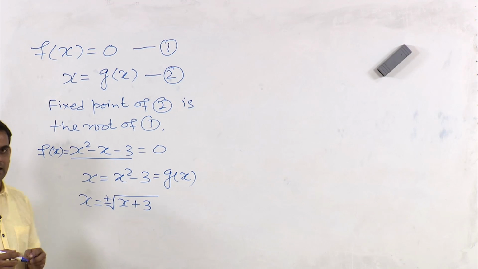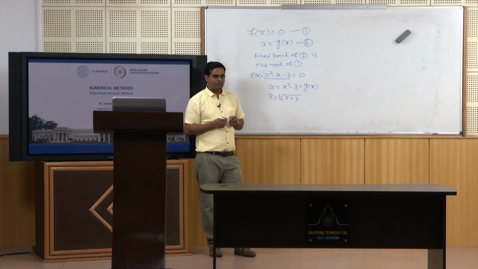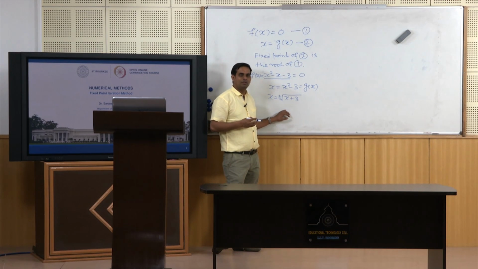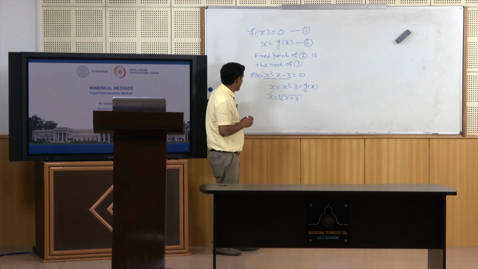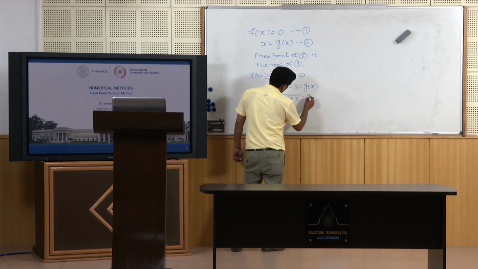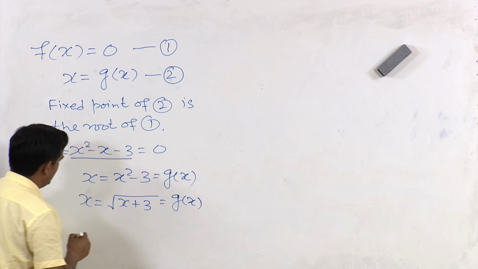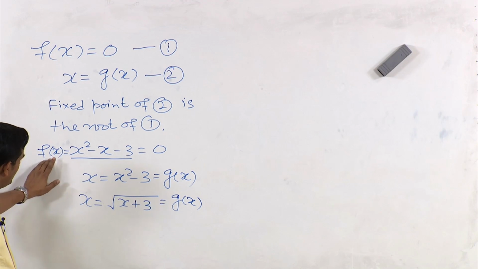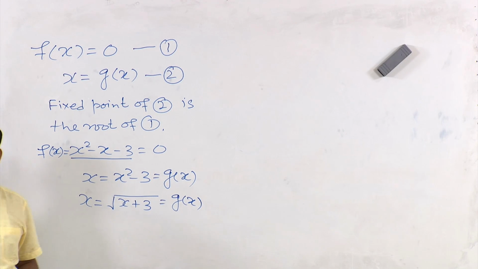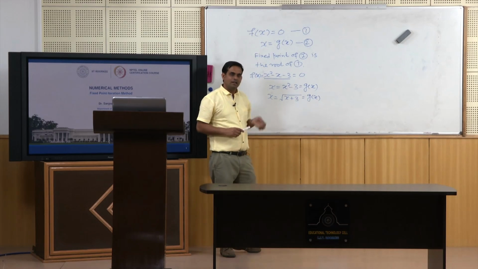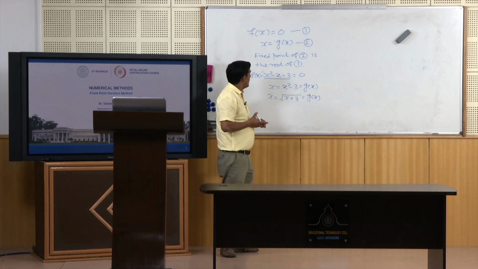So here g(x) can be the square root of x + 3, or g(x) may be minus the square root of x + 3. These are two ways of writing f(x) in terms of x = g(x). We can have several other ways of writing x = g(x).